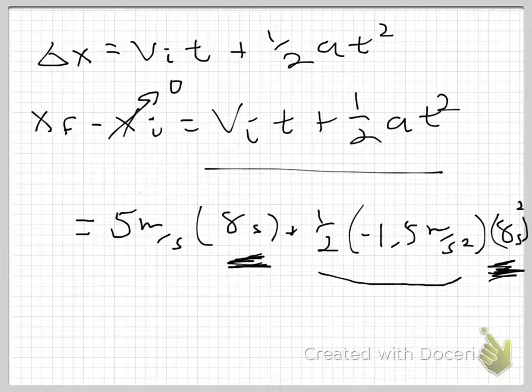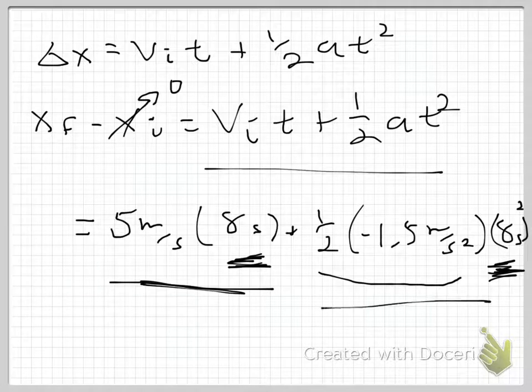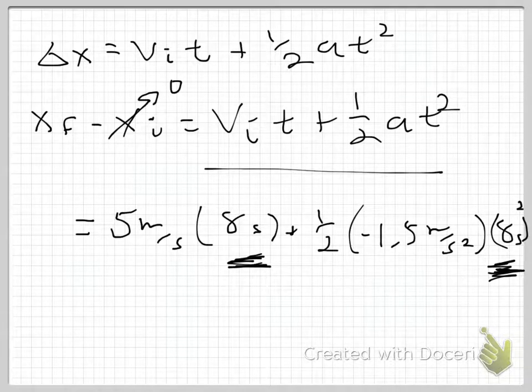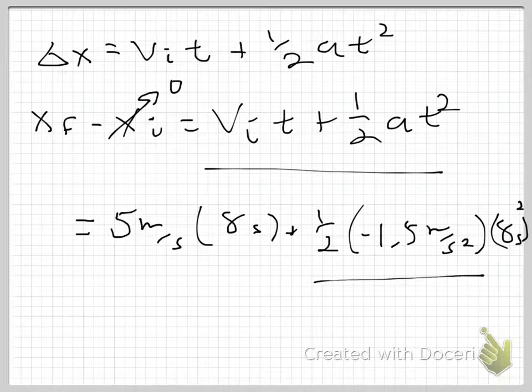So for small t's, this part of the equation is going to be bigger than this part of the equation, and my position will be positive. But as t gets bigger and bigger, that flops because of the square. And this part of the equation gets bigger in magnitude than this part.